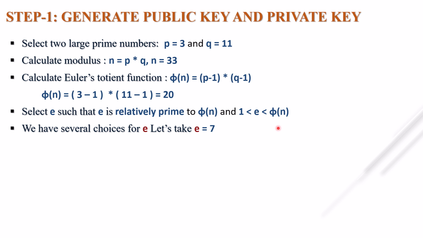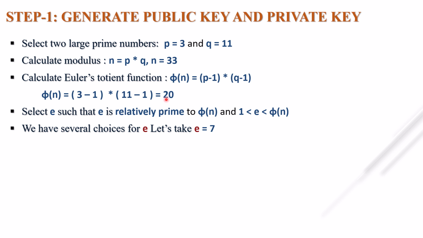Okay, so you must be thinking, sir, why did you take 7? You said 3 will also work. But I can take 7, because 7 is fulfilling this criteria. 7 is greater than 1 and 7 is less than totient function of N. I can take 3, it is also fine. The factors of 7 are 1 and 7, and the factors of 20 are 1, 2, 4, 5, 10 and 20.